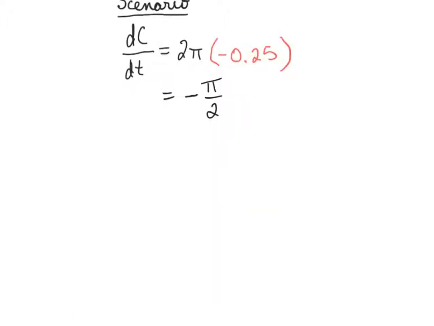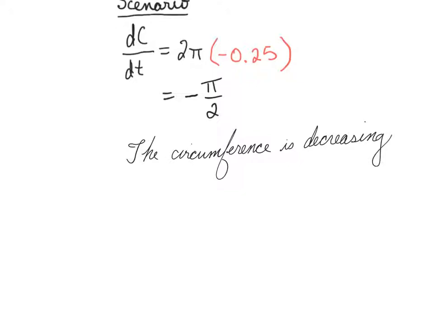So let's go ahead and write our answer in the form of a sentence. The circumference is decreasing at a rate of pi over 2.